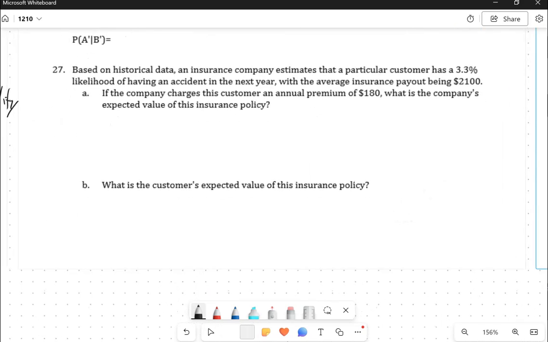Number 27. We're looking for expected values. You're given the formula. It's like amount times percent. No, what is it? Trying to remember the exact formula you're given.